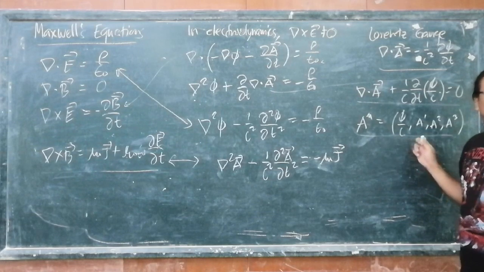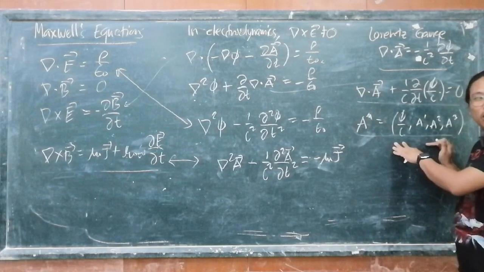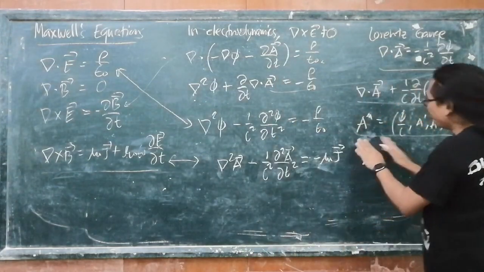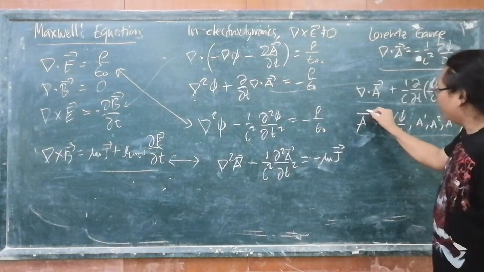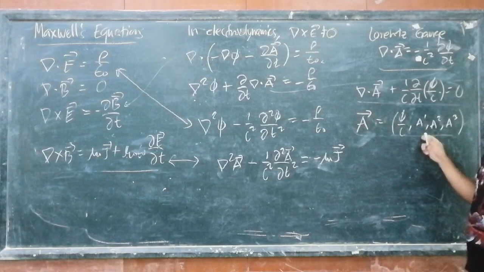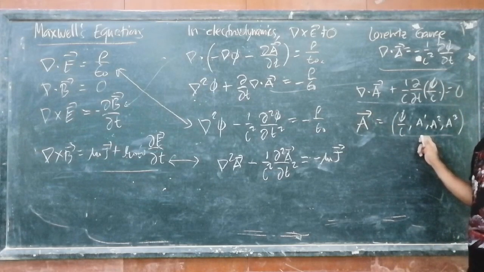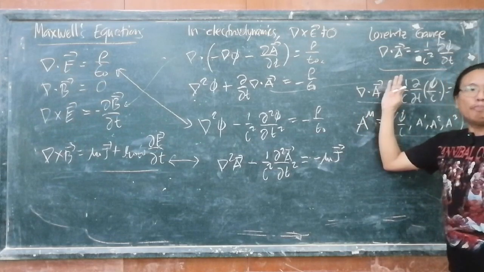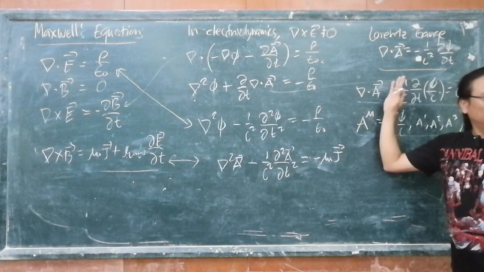They don't actually mean it to be like this. In four dimensions, the best way to write this is this, because this is a vector field. But the notation A mu is a component of a vector field.